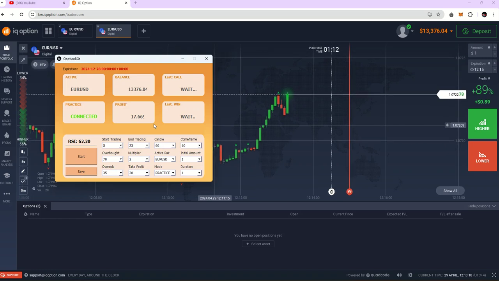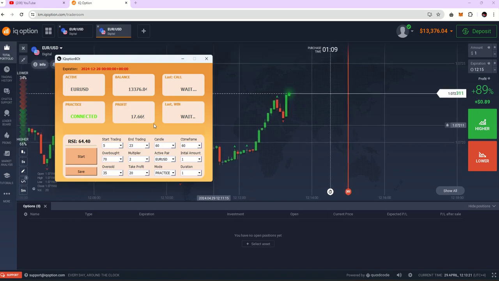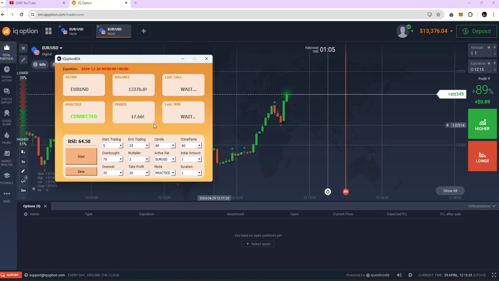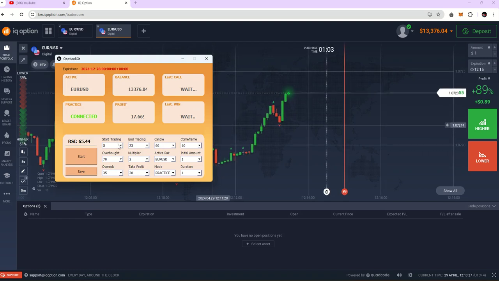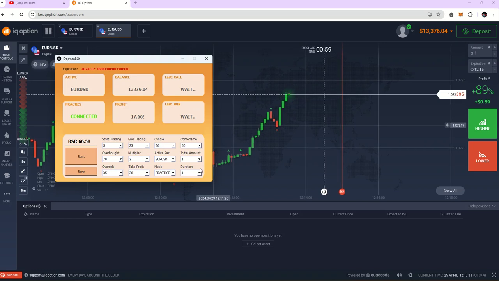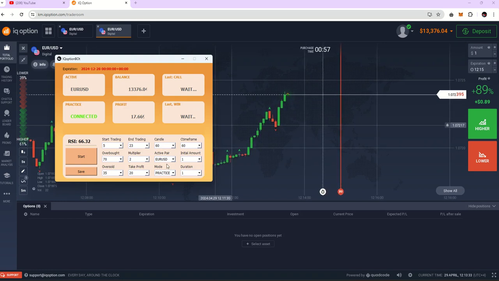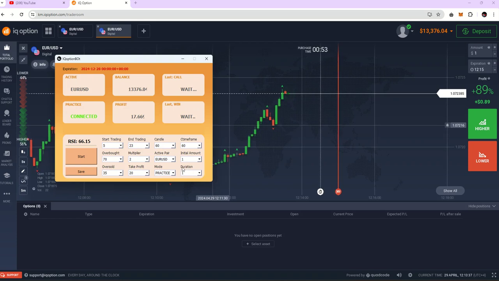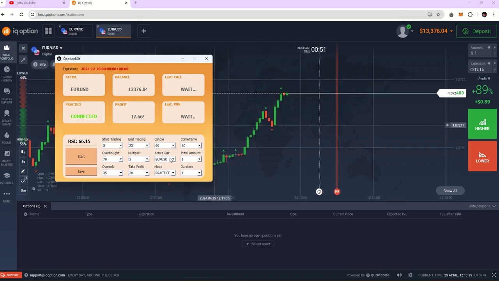Yeah, it takes too long. The best setup for this one is a duration of 5 minutes. I tested this on my account. A 5-minute duration is the best for me.